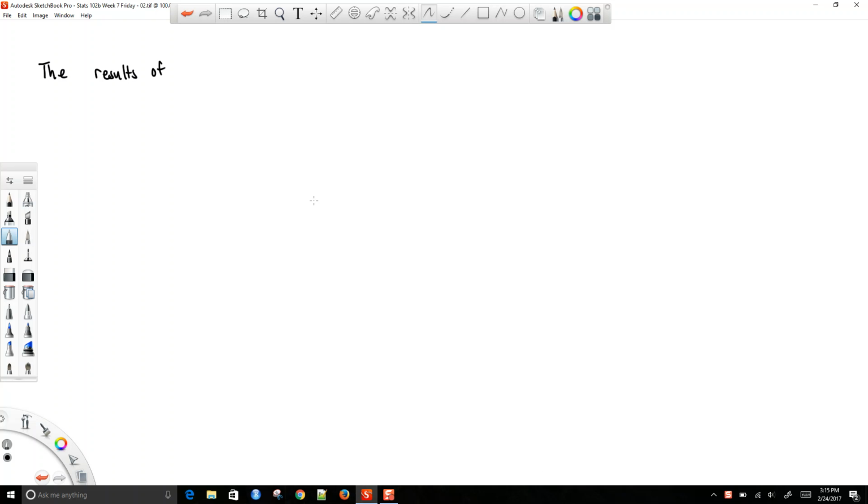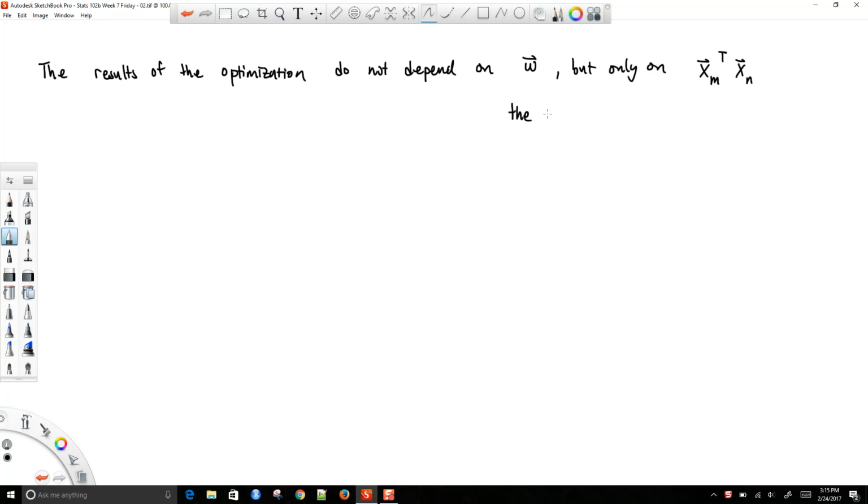And the results of the optimization do not depend on the w vector, but only on the inner product, or dot product, between pairs of points.